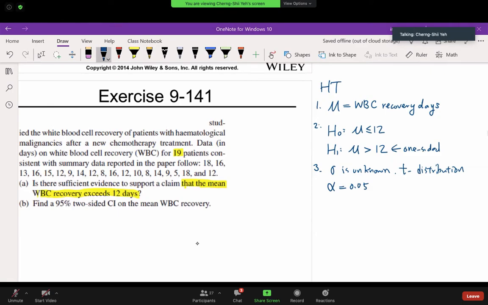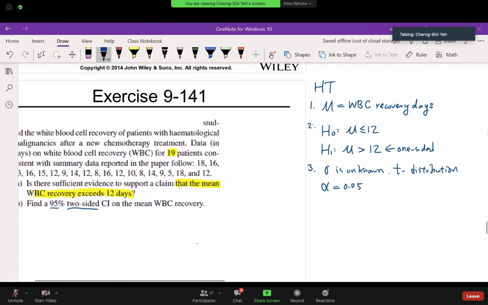But if you look at the second question, it's a 95% two-sided. All right, I do want to show you the differences of using one-sided hypothesis testing and two-sided confidence interval. Okay, so let's find out the critical value.